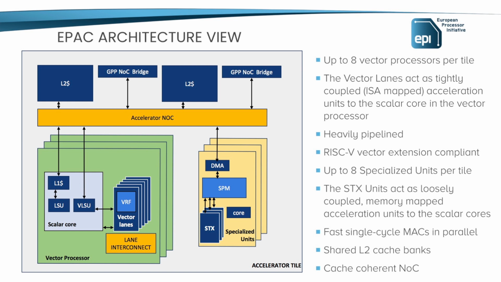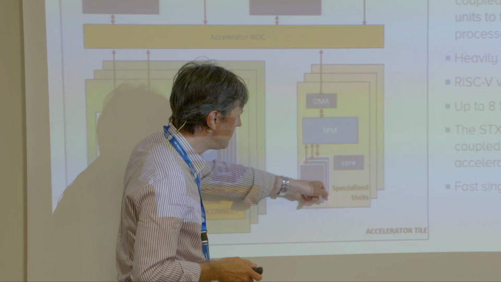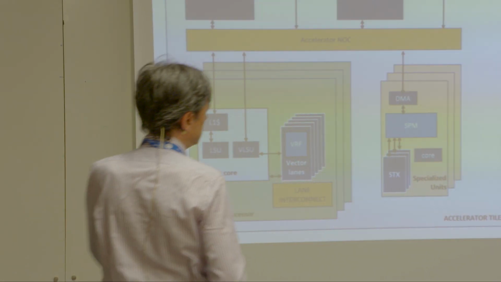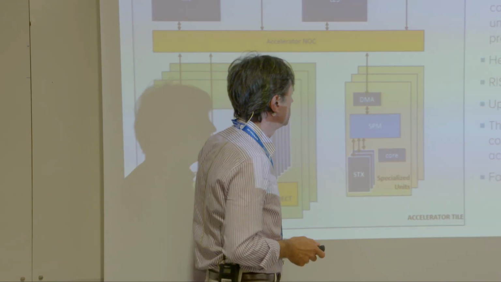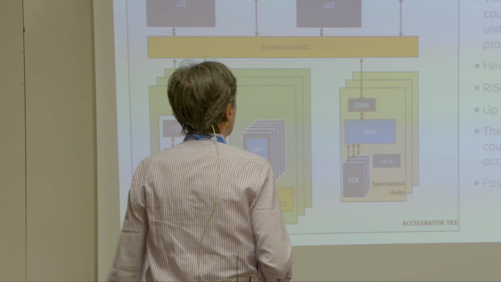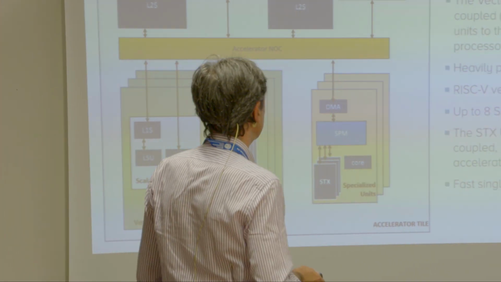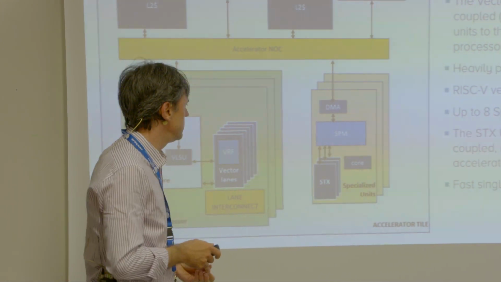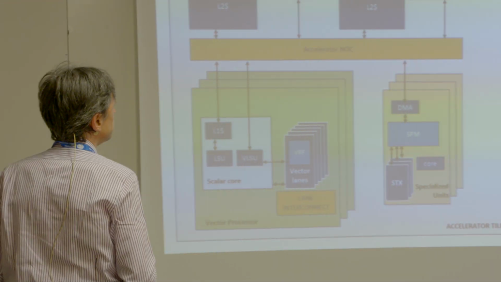It is, let's say, a smaller and simpler core than this one. And the specialized data path is inside these blocks. Again, you have multiple of them. Up to 8 can be controlled by a single RISC-V core in each of these specialized units. So you can see there is a kind of a hierarchy inside the architecture.